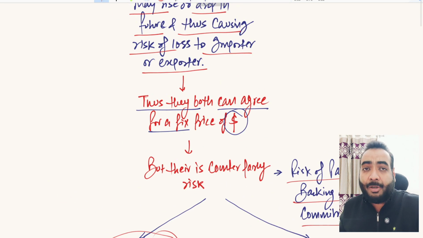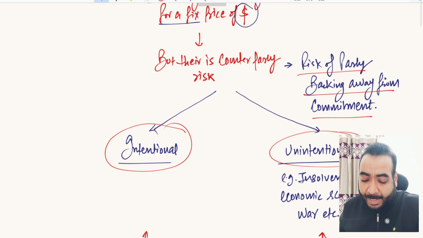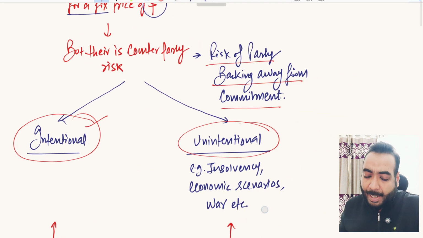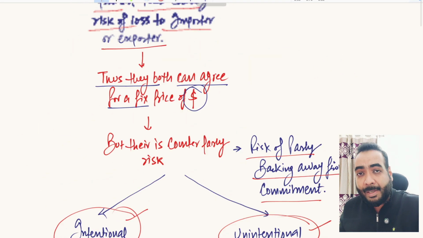That can happen in a dollar transaction, in an export-import transaction as well. So counterparty risk can be intentional, like in the farmer and factory cases, where the party with malafide intention knowingly breaks the contract in order to gain more profit. And some counterparty risk can be unintentional as well.